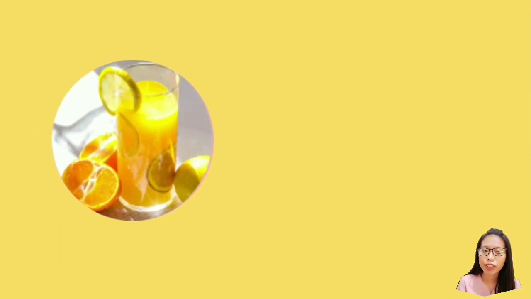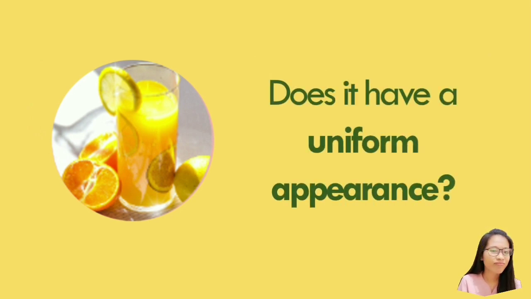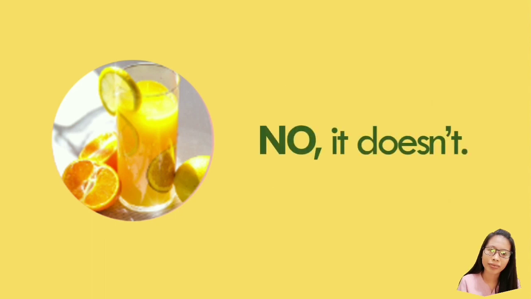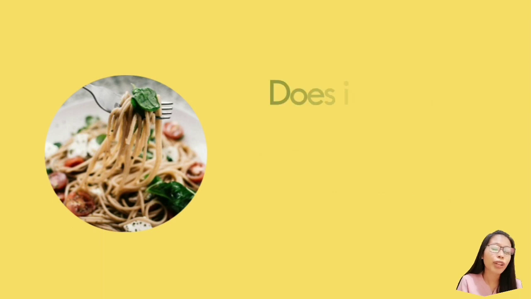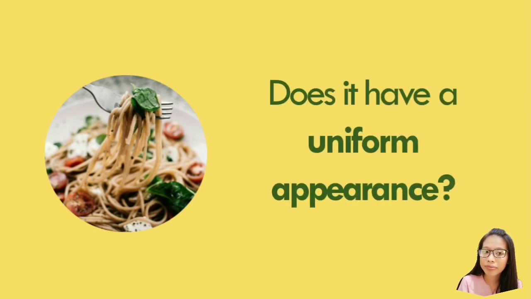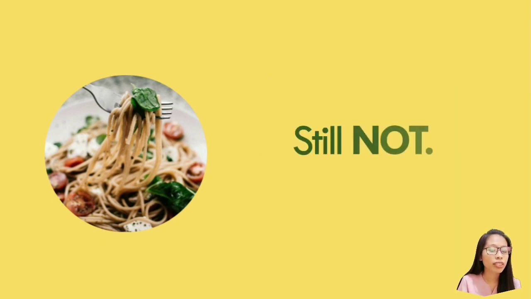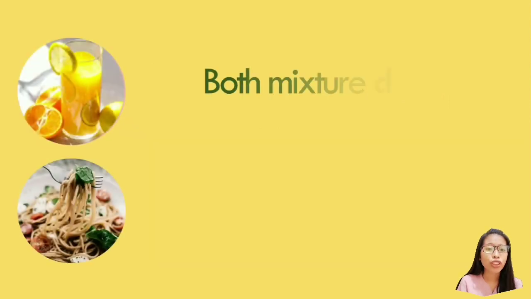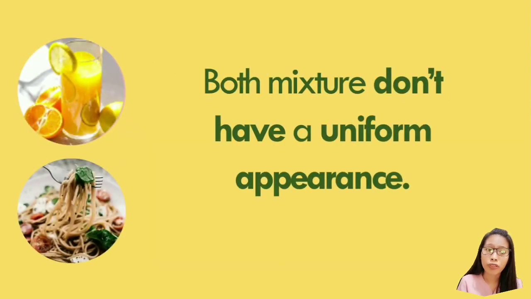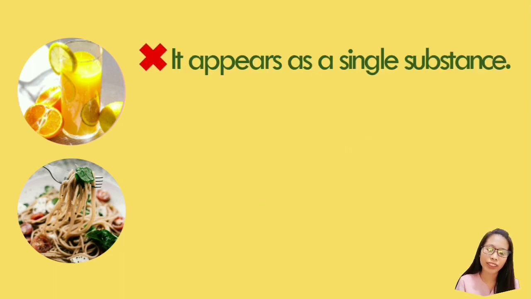Let's look at the juice with lemon fruit first. Does it have a uniform appearance? No, it doesn't. How about the noodles? Does it have a uniform appearance? Still not. Both mixtures don't have a uniform appearance. Therefore, they don't have this characteristic.